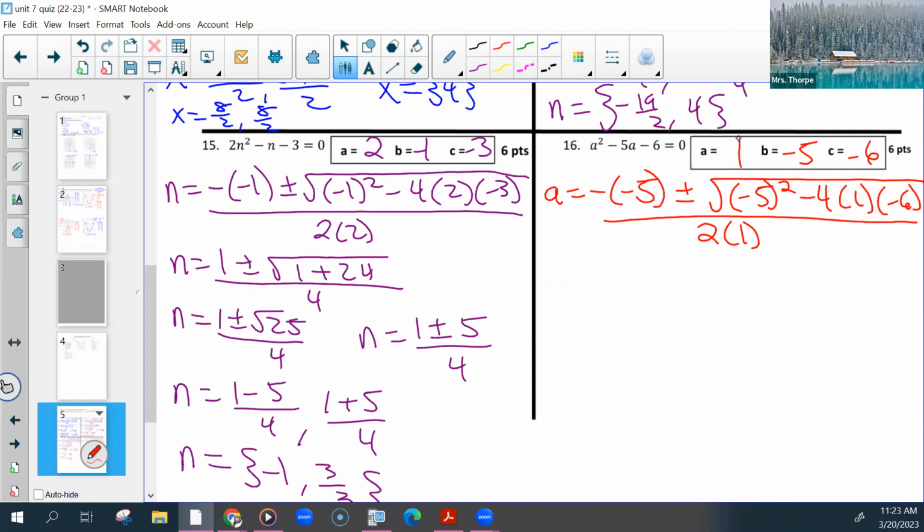And then start to simplify. 5 plus or minus the square root of 25 plus 24, all over 2.